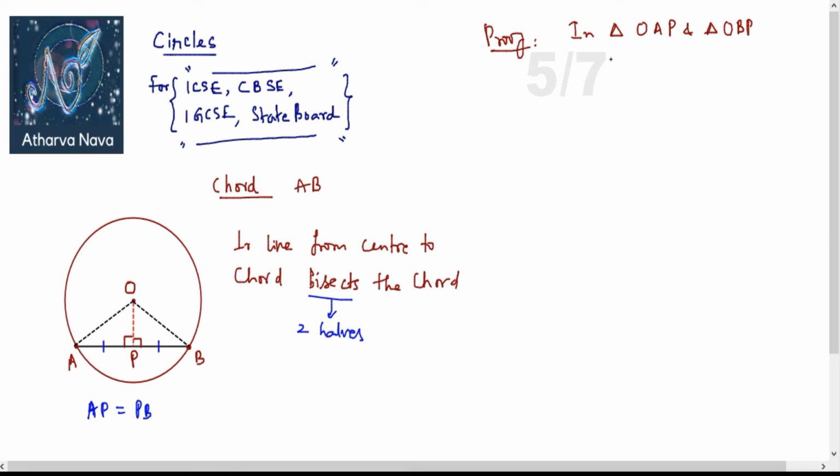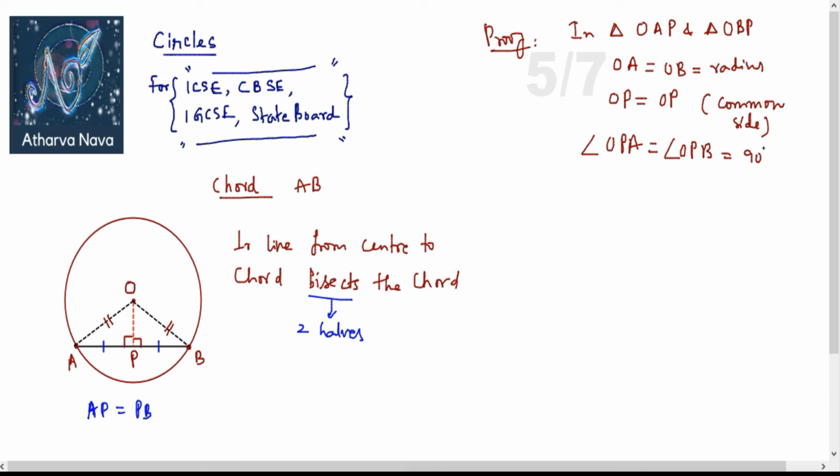In both triangles, OA and OB are the radius, so OA equals OB equals radius. OP equals OP, a common side. And angle OPA equals angle OPB equals 90 degrees, which is already given.